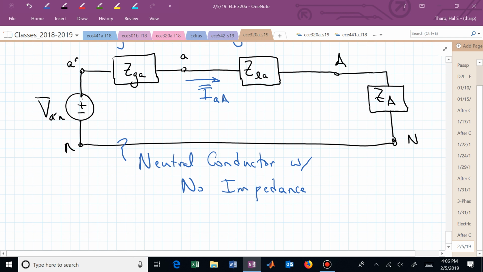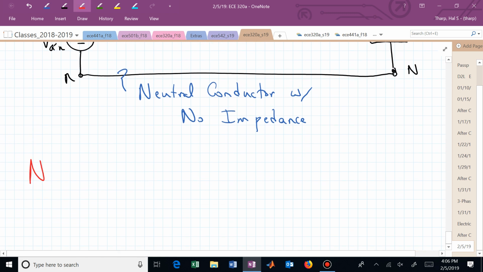Now, there's a couple of things we need to keep straight relative to this single-phase equivalent and how we can generalize that to the three-phase circuit itself. So let me make 2 notes relative to that.